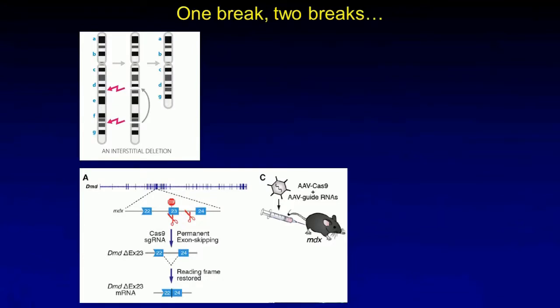And so what's really needed is the N terminus and the C terminus of the protein. And it's been shown that it's possible to cut out exons in the middle. And as long as you have that N and C terminal still attached, the protein can somewhat do its function, and you end up with a much less debilitating disease.